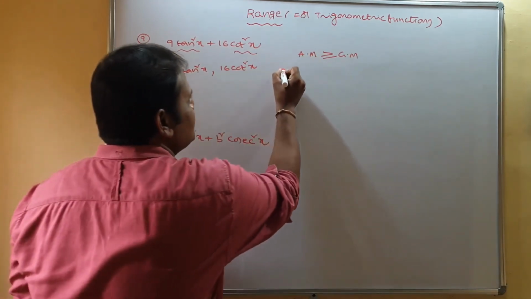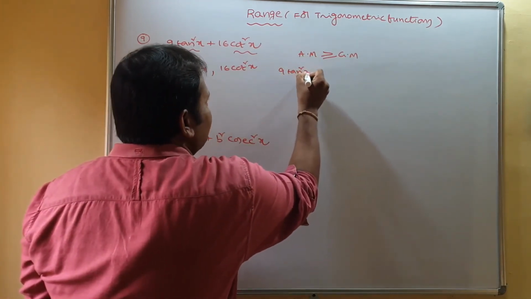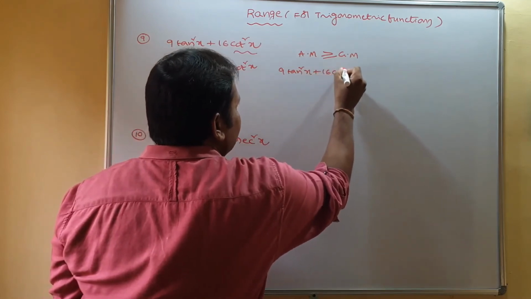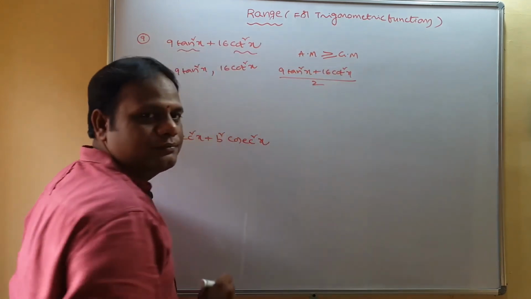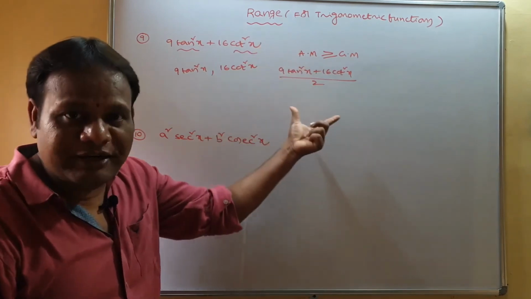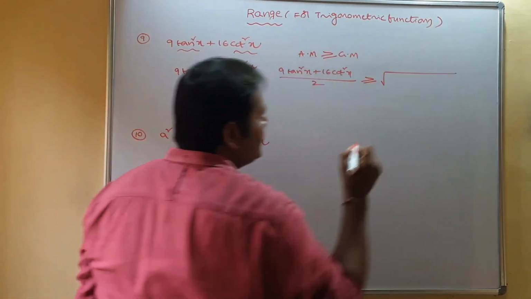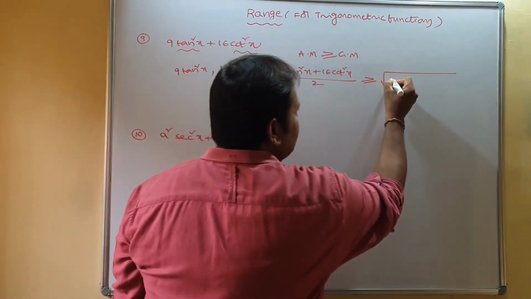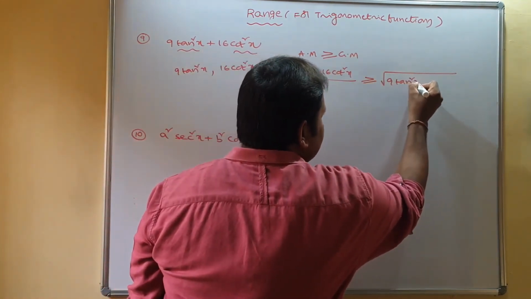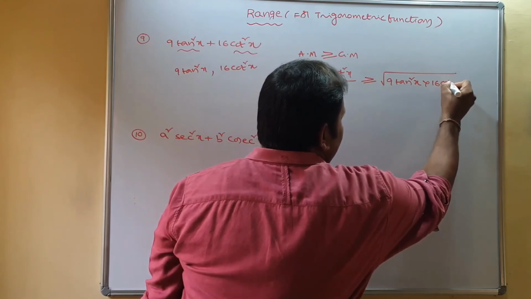What we get is (9 tan square x plus 16 cot square x) by 2. Arithmetic mean (a plus b) by 2 is greater than or equal to geometric mean, that is root ab, which is root of 9 tan square x into 16 cot square x.